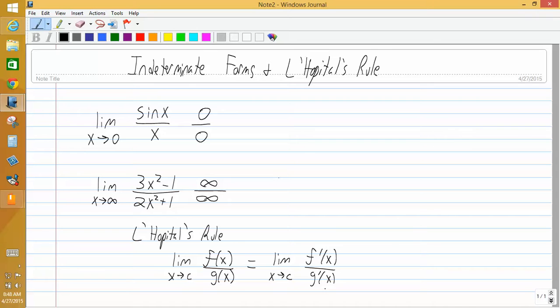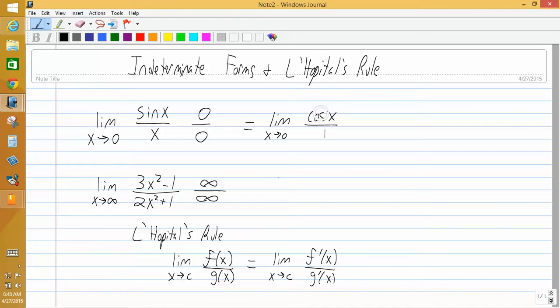So it explains something like this first limit right here. Since it's in the form 0 over 0, this is equal to the limit as x approaches 0 of the derivative of sine of x, which is cosine of x, over the derivative of x, which is 1.